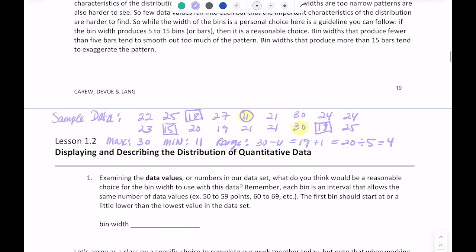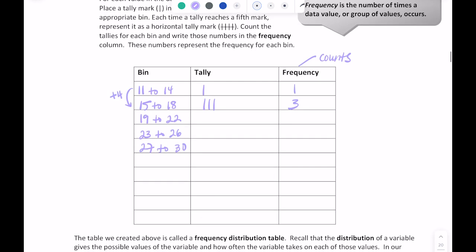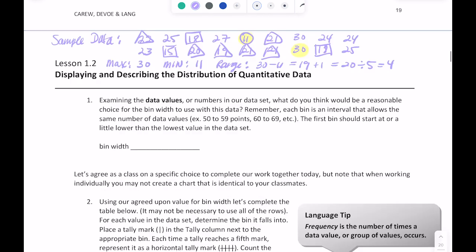I'm going to do the same thing for 19 to 22. So there's 1, 2, 3, 4, 5, 6. So I would do 1, 2, 3, 4, and then 5, put a bar through it, and then 6. And then 23 to 26.